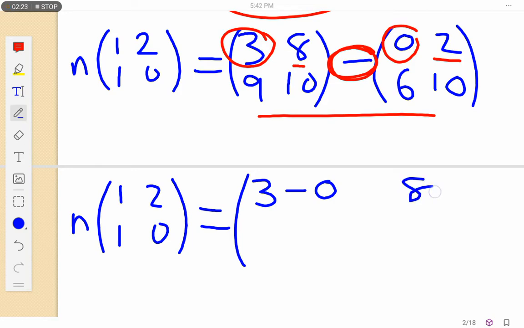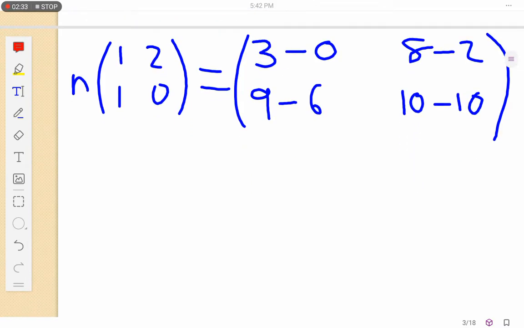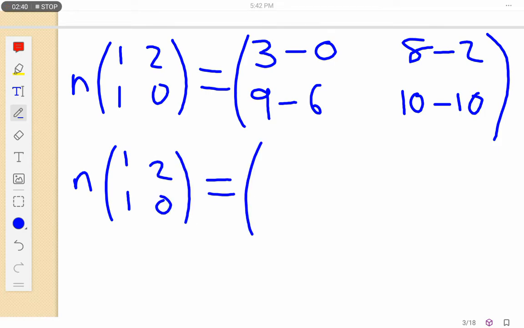Then I'll have 8 minus 2 that corner. Then here I'll have 9 minus 6 and 10 minus 10. Okay, let's solve that. We'll get n 1, 1, 2, 0 is equal to 3 minus 0, we get 3. 9 minus 6, we get 3. 8 minus 2, we get 6. And here we have a 0.